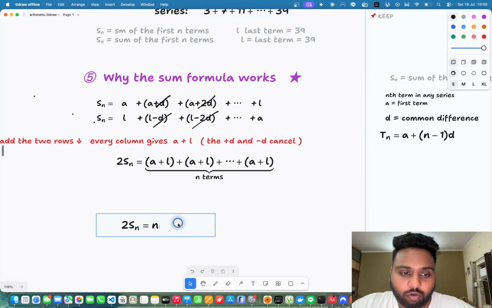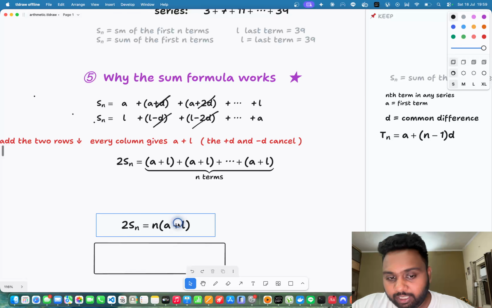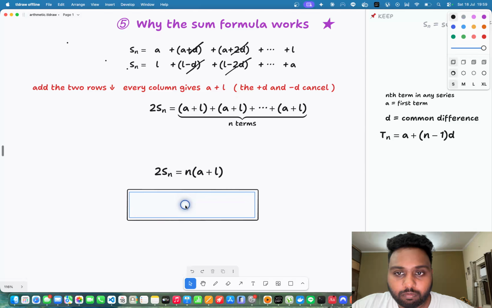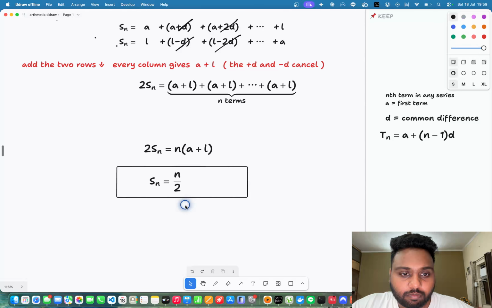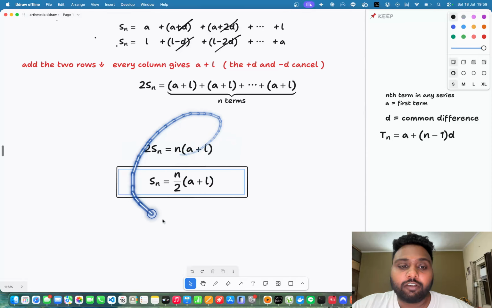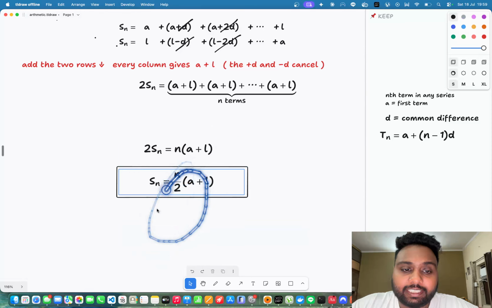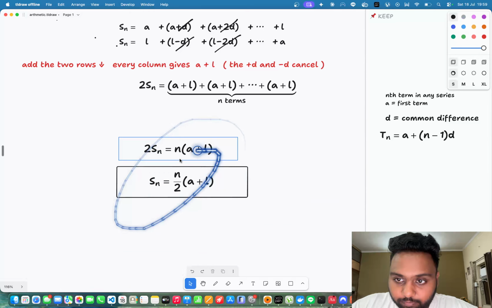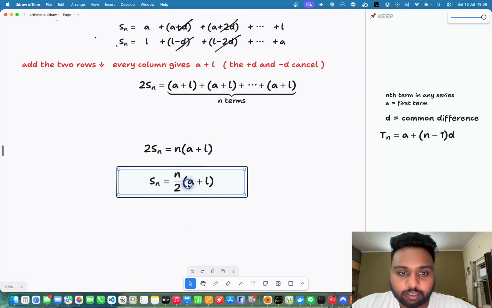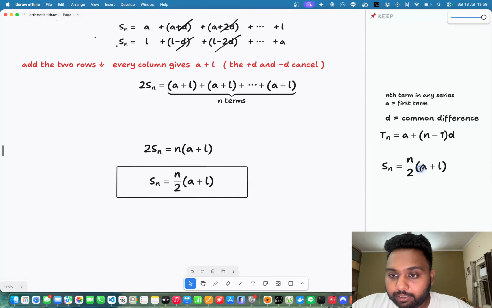So can we write it as n times A plus L? Yes, we can. Now we take this 2 to the other side, which gives us the formula Sn equals n by 2 times A plus L.